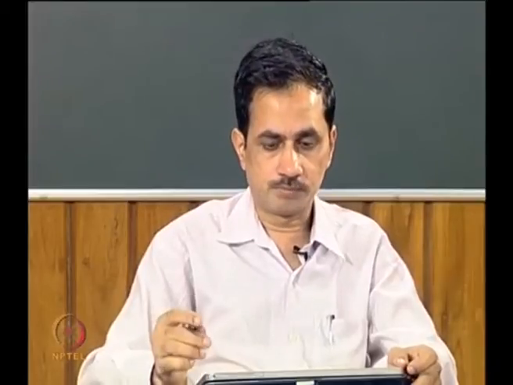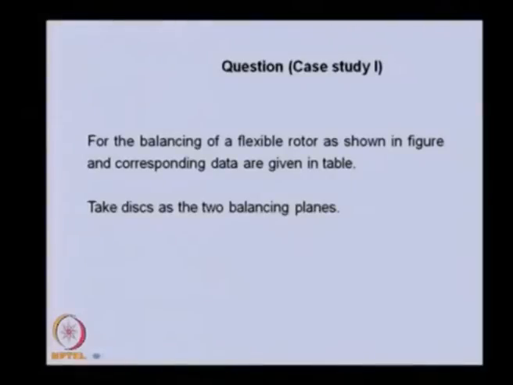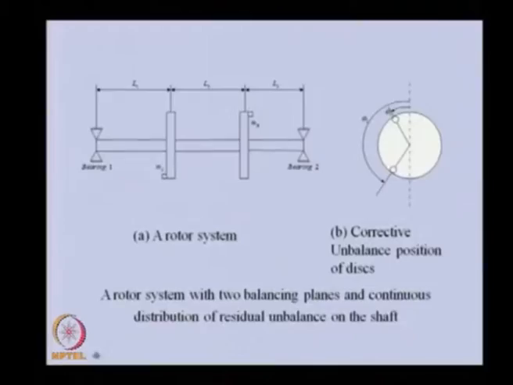Now, through a simple case study, we will try to see this particular method in more detail. First, let us see the problem we are taking. For balancing of a flexible rotor, as shown in this figure, this is a simple rotor which is simply supported.